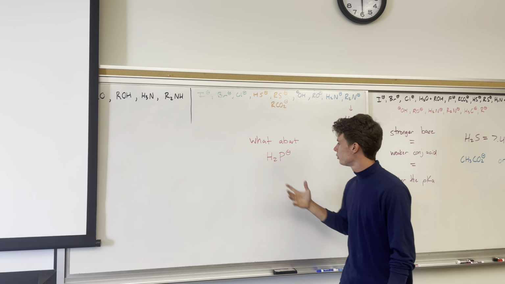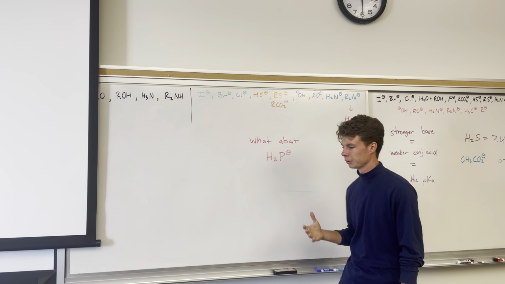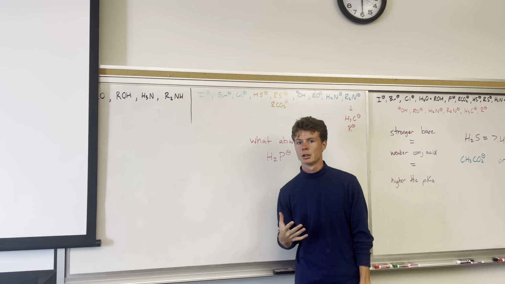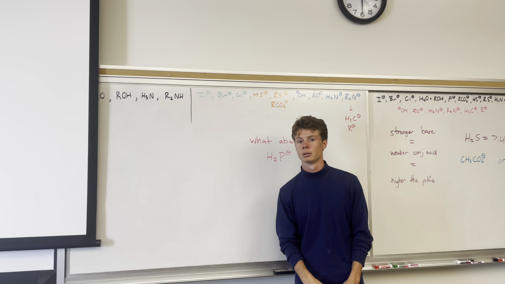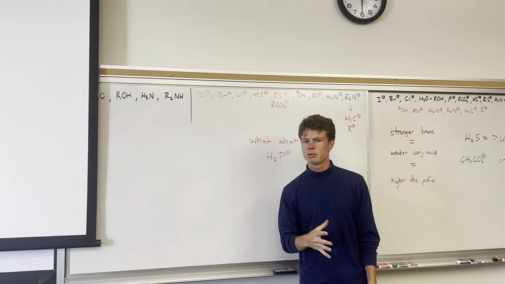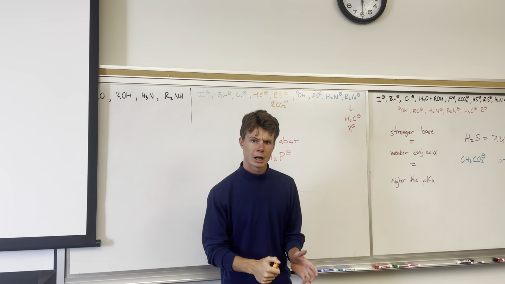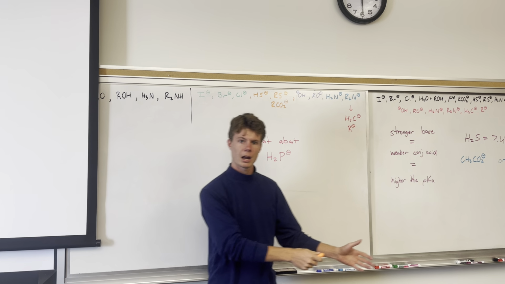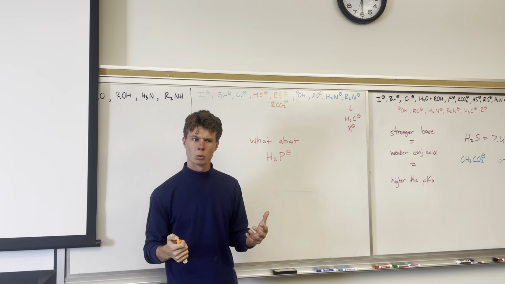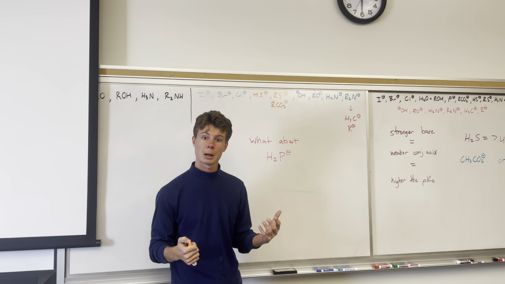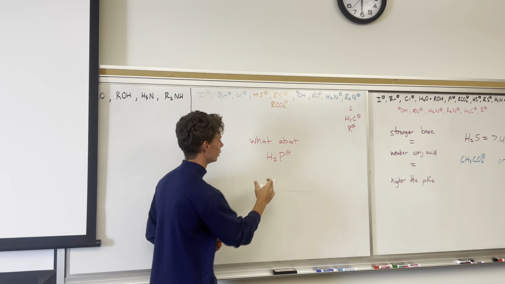Now, I have H2P minus, phosphorus. Phosphorus is in the same column as nitrogen, okay? I know nitrogen is less electronegative than oxygen, less electronegative than our halides as well. So I don't have the most electronegative atom with a negative charge. That's probably going to be a very good nucleophile, okay?